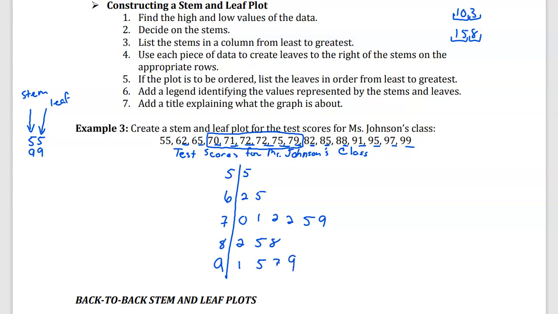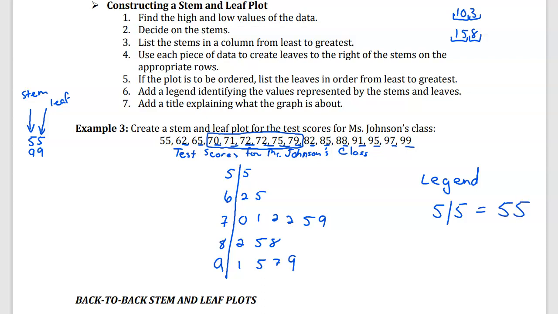I also need a legend, and I can use any one of these numbers. I can use a 5 and 5, and all I'm going to do is say that that equals 55.